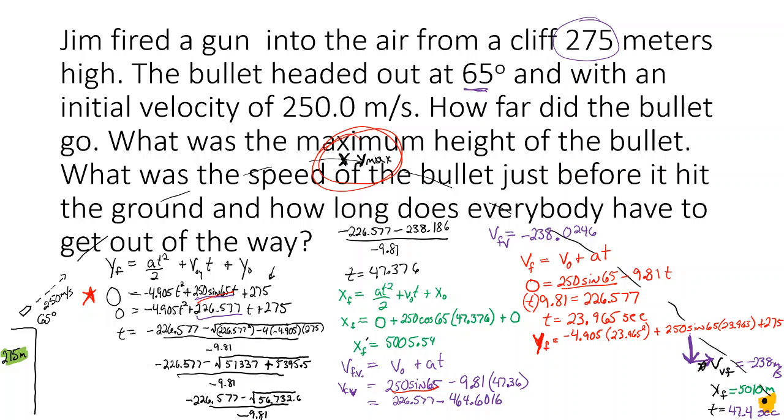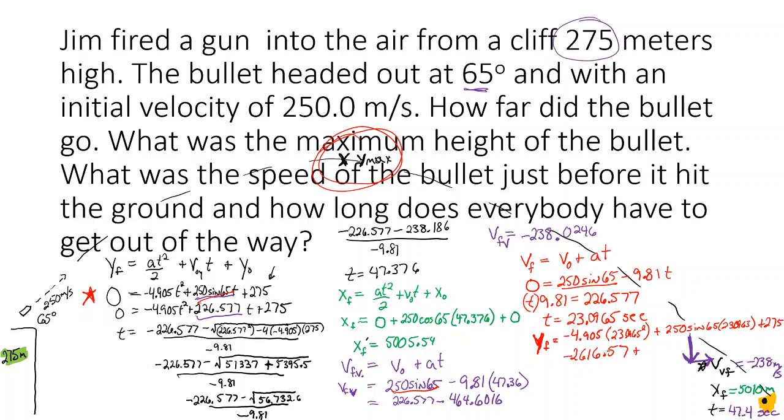All right. So I'm going to square first, order of operations. 23.965 squared, and I'm going to multiply by 4.905. So I get negative 2,616.57.